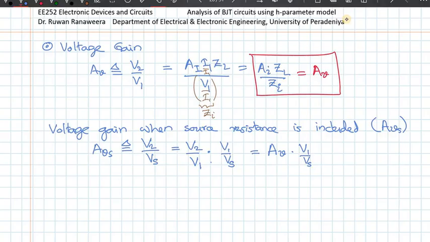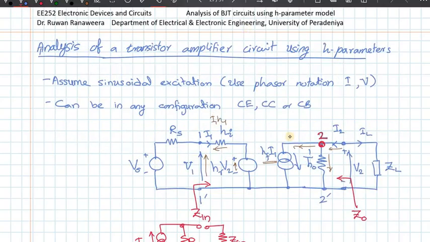We don't know what V1 over Vs is; we need to find it. But if you look at this circuit, this is V1, this is Vs, and I can replace this whole circuit with Zi, the input impedance. So I have a potential divider. Input voltage is Vs, and I have two impedances: one is Rs, the output resistance of the source, and the other is Zi. So it's easy to find the voltage V1.